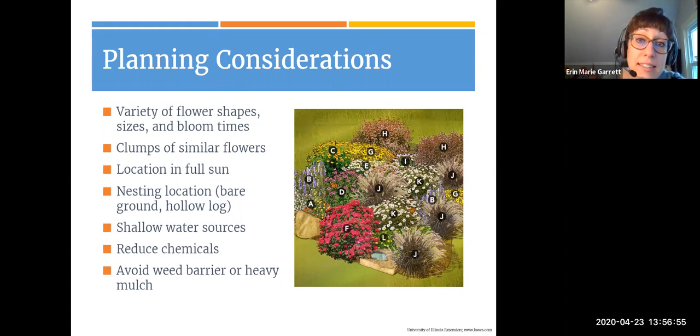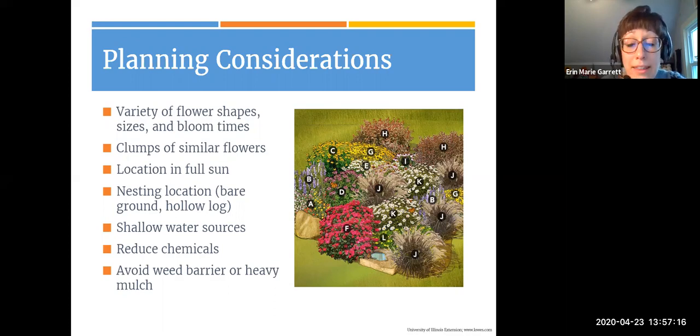When it comes to nesting locations, we talked about how many of our pollinators nest in the ground. So having some bare ground is a great option, not necessarily putting down landscape fabric and mulching everything, but leaving some bare spots for some nesting locations.